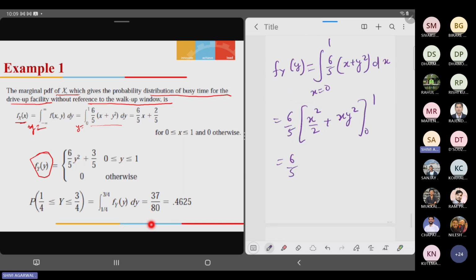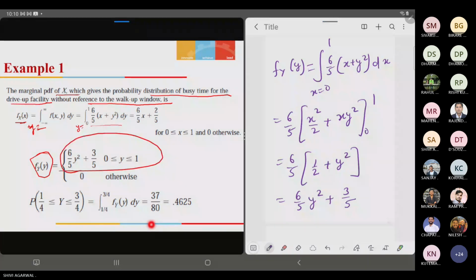So 6/5 times (1/2 plus y squared). So we can say 6/5 y squared plus 3/5, in the range y less than or equal to 1 here. Is it clear to all of you?